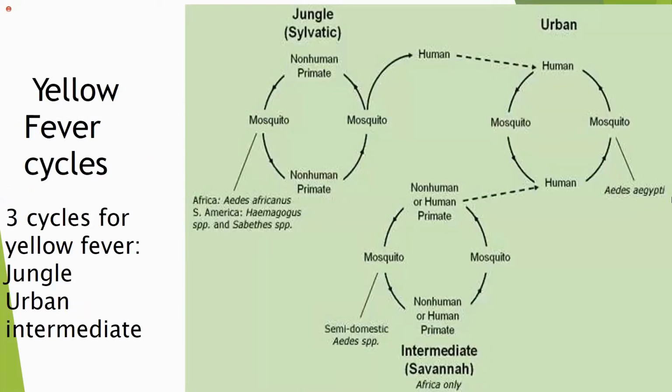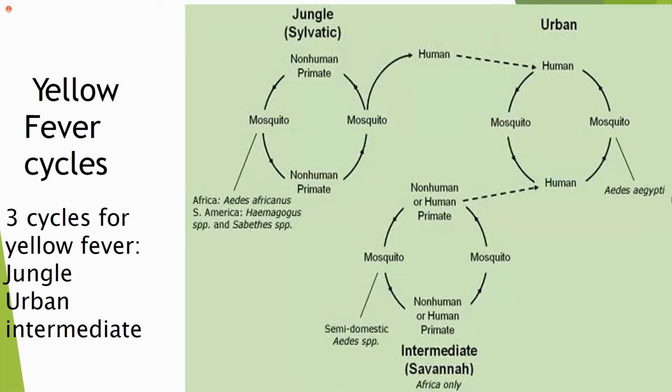So yellow fever virus spreads through 3 cycles: a jungle cycle, an urban cycle, and an intermediate cycle. In the jungle cycle, the mosquitoes infect the non-human primate, then again a mosquito bites them and infects it, and again infects the non-human primate.